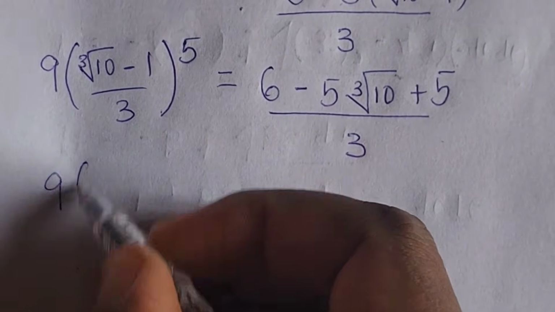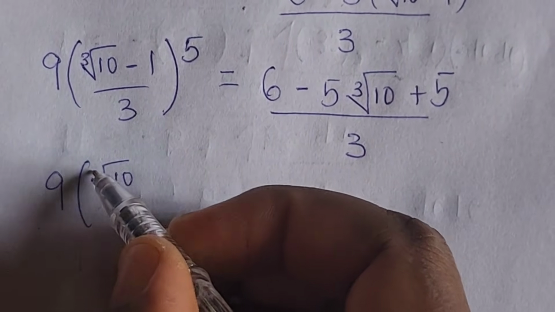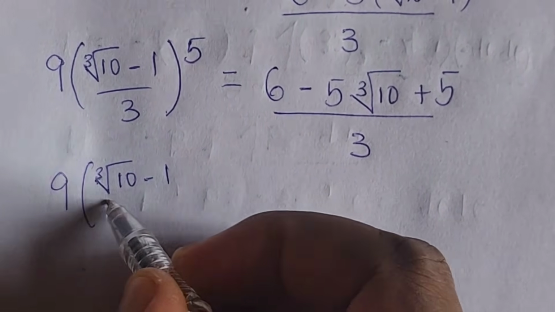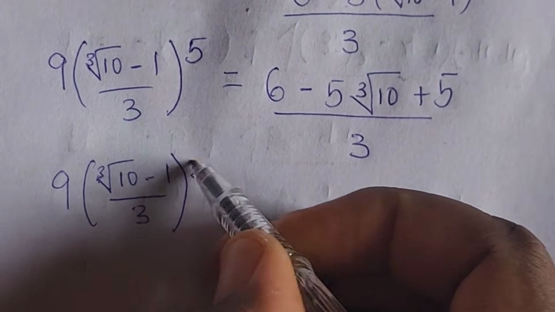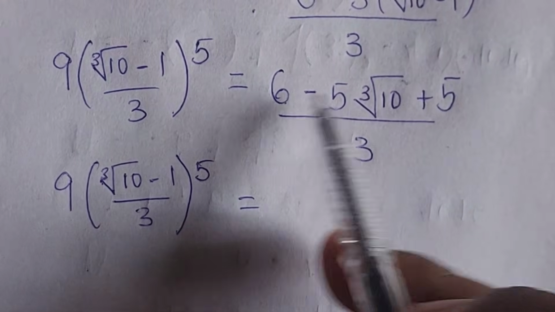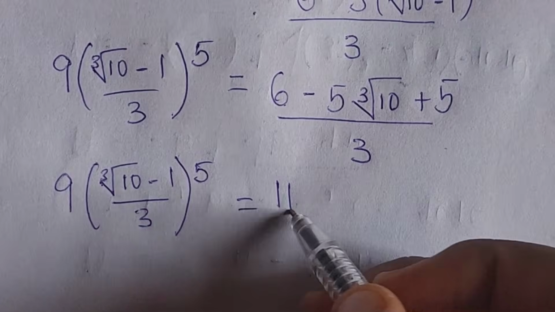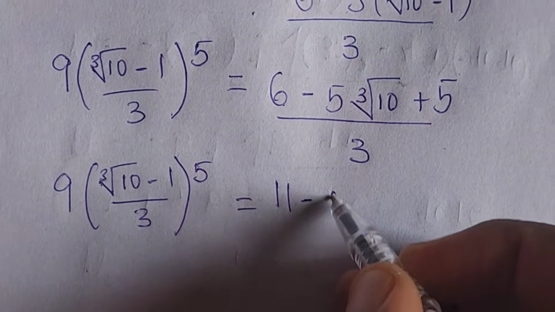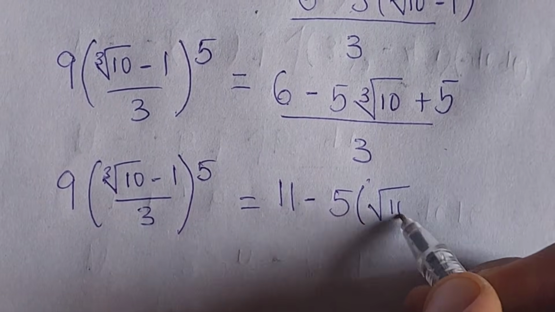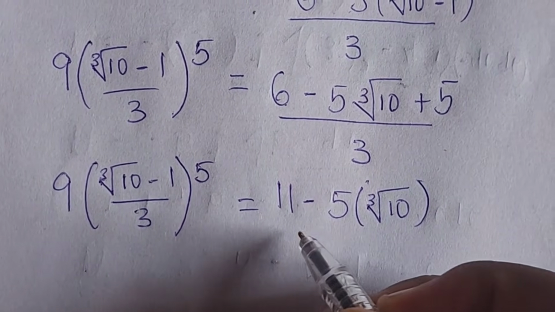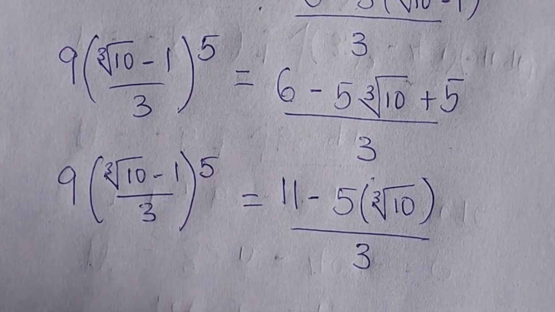So we have that 9 times the cube root of 10 minus 1 over 3 all to the power of 5 is equal to, we have 6 plus 5, which is 11, minus 5 times the cube root of 10 all over 3.